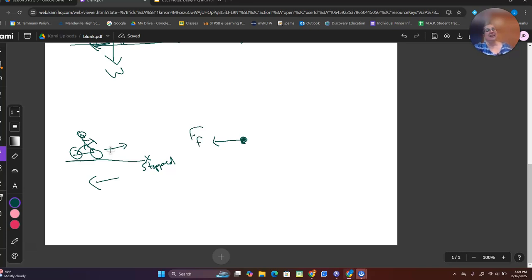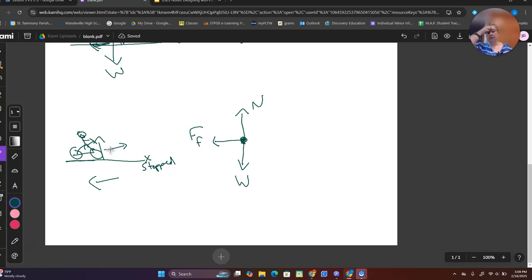All right, but that is not the only force acting on the motorcyclist, because the motorcyclist does have weight, so we have to depict that as well. So we've got our weight, our free body diagram has to show that weight, and the road is pushing back on the motorcyclist with that normal force.